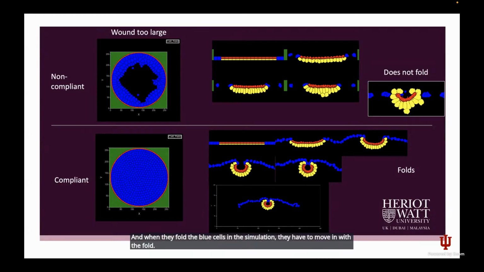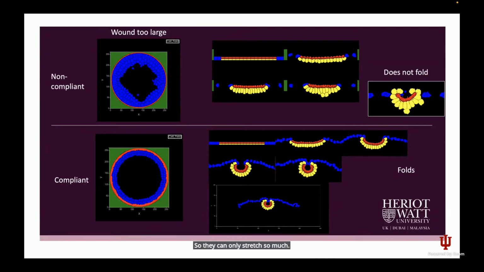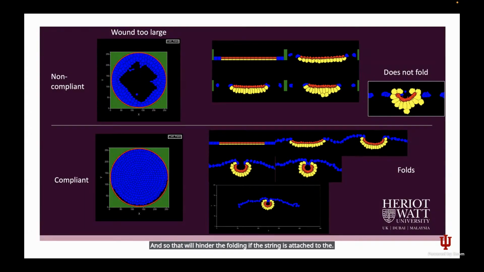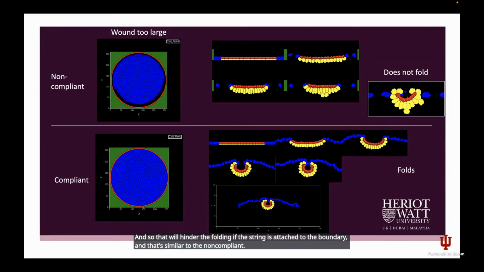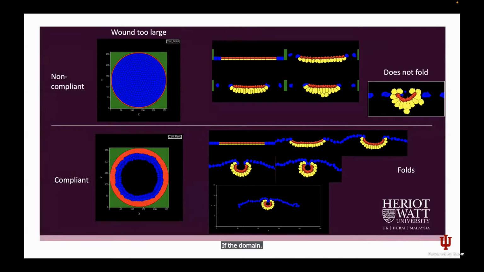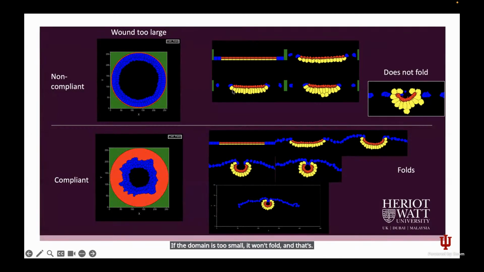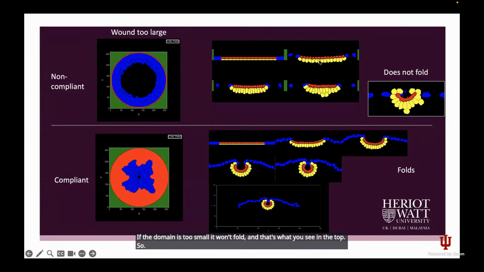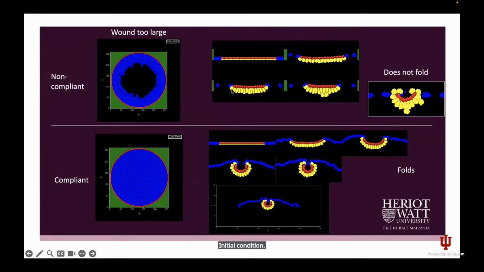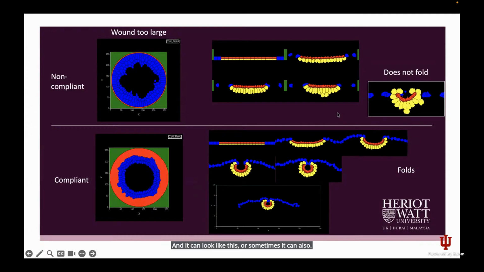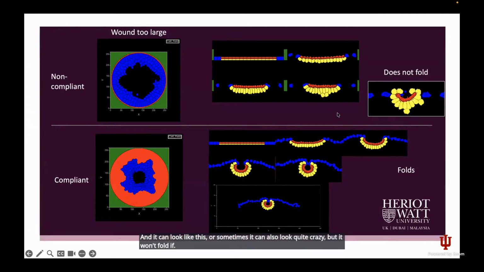So they can only stretch so much, and that will hinder the folding if the string is attached to the boundary. That's similar to the non-compliant wound healing simulation. So if the domain is too small, it won't fold, and that's what you see in the top. So initial condition, and it starts folding. You read this from top to bottom. It can look like this, or sometimes it can also look quite crazy, but it won't fold if the domain is too small.